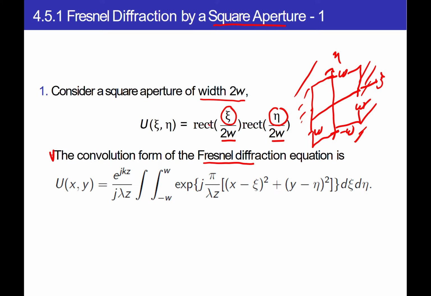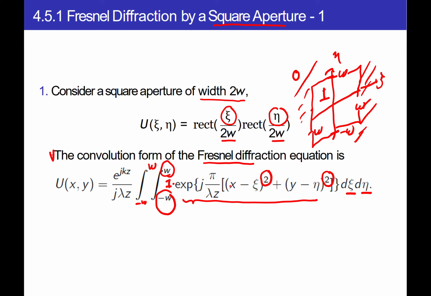In the case of a rectangular function, the integral over the infinite space now becomes an integral from minus w to w for the xi, and from minus w to w for the eta. Within the aperture we have a 1, outside is 0, and then we have this quadratic phase. Remember that Fresnel diffraction has this quadratic phase. This is 1.